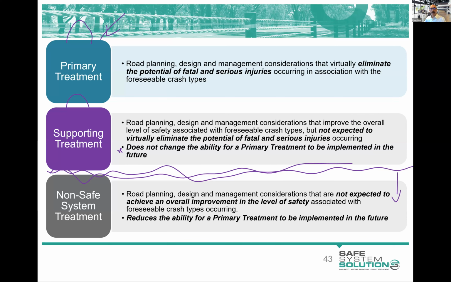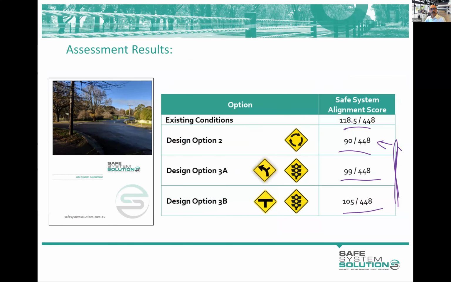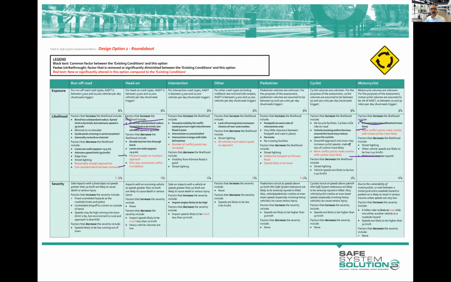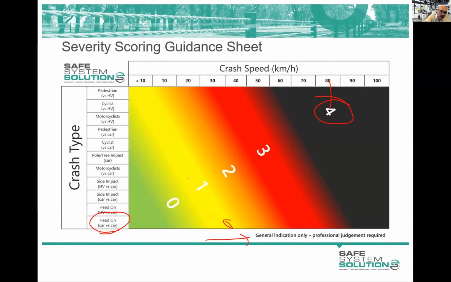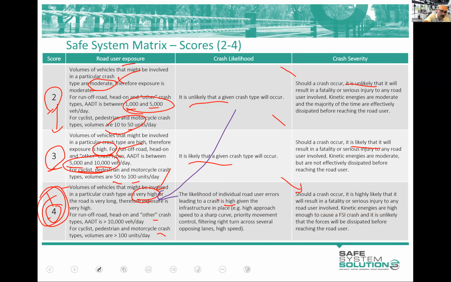But I'll tell you why, probably, because if I go back to our scoring reference sheet, for intersection crash types, AADT is greater than 10,000 vehicles a day. So your traffic growth goes from 20,000 to 50,000. It still stays at 4. There's no change in the scoring assessment. It sort of just says it's high traffic volume.